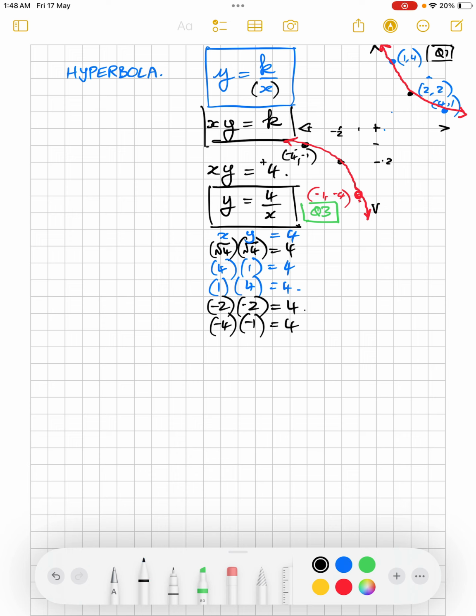Okay, I'd like to take this and slide it 1 unit to the right. So that means we're going to translate this. So it's a translation. So translate this function 1 unit to the right. Now, how will that affect our equation?